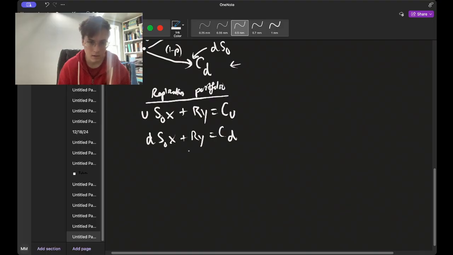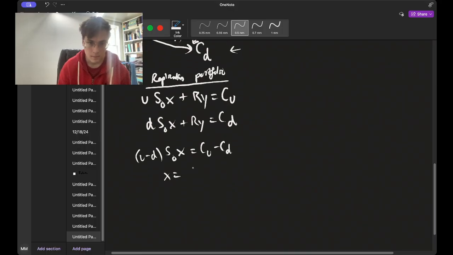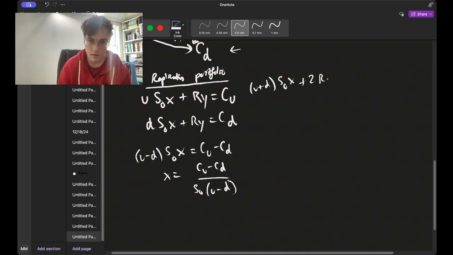Again, we can solve this, and I'm actually going to solve it now. So let's take this and subtract this, and we end up with U minus D times S0 X is equal to CU minus CD. And we end up with X is CU minus CD divided by S0 times U minus D. Okay, so now let's solve for Y. I'm going to add them together instead, and we end up with U plus D times S0 X plus 2RY is equal to CU plus CD.